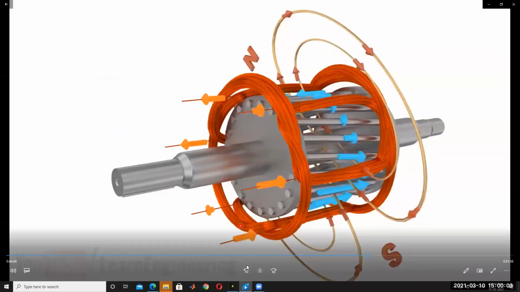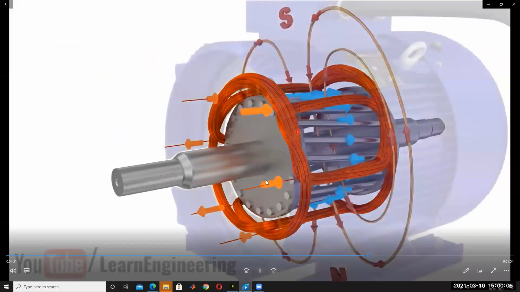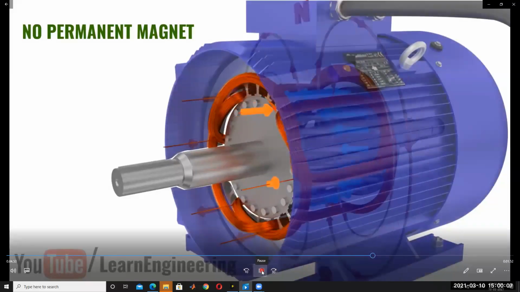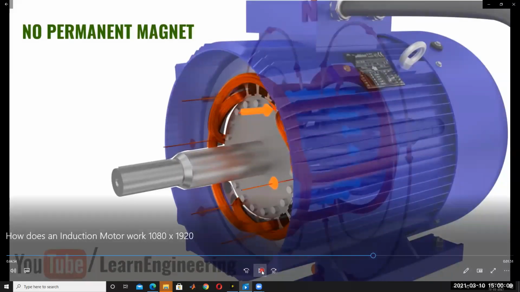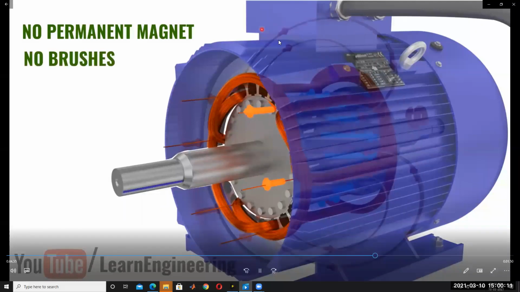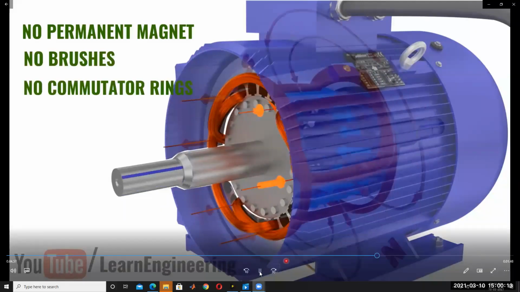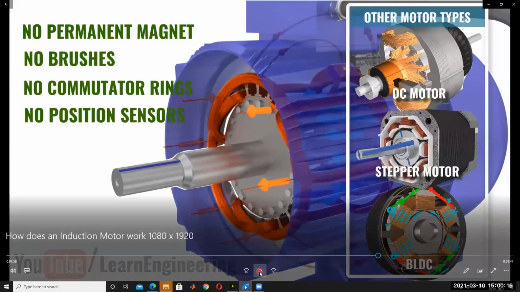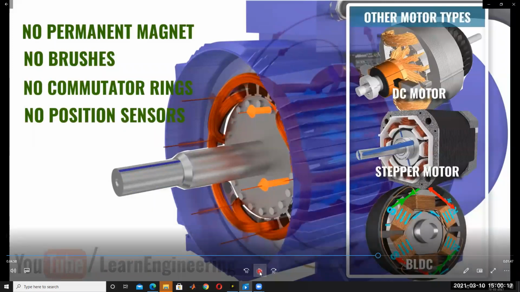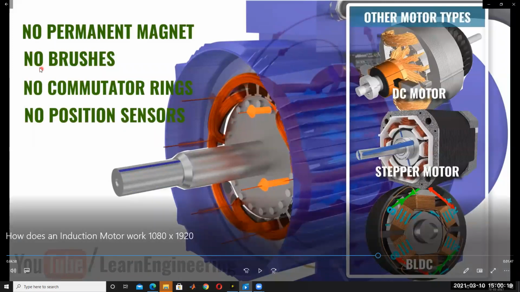This is how the rotating magnetic field is developed in the induction motor. In this induction motor, no permanent magnets are used, and there are no brushes, no commutator rings or bars, and no position sensors.